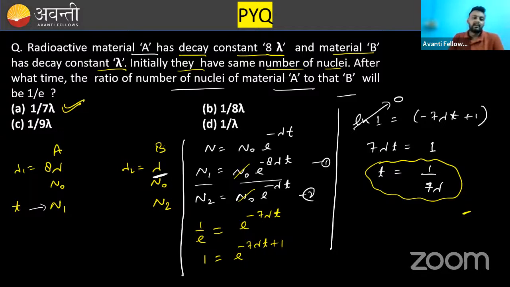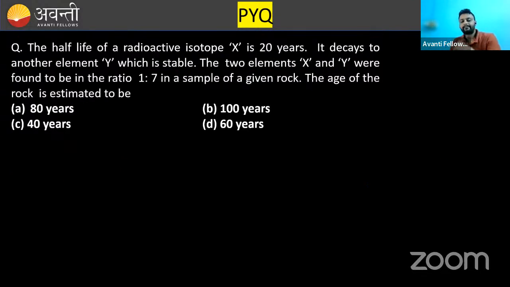Now there is one more question for you. Read it out. The half-life of radioactive isotope X is 20 years.